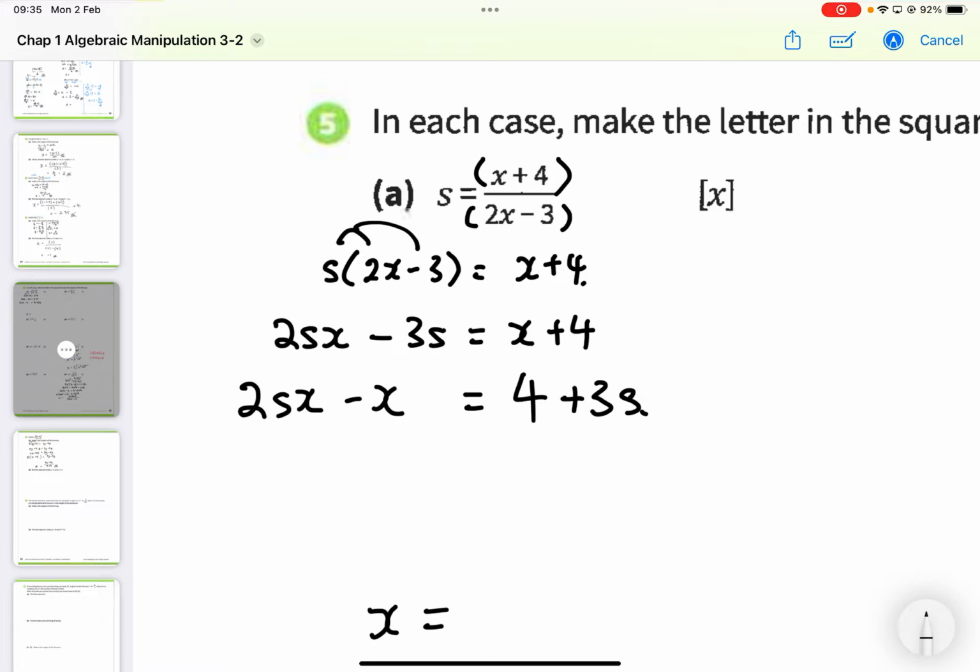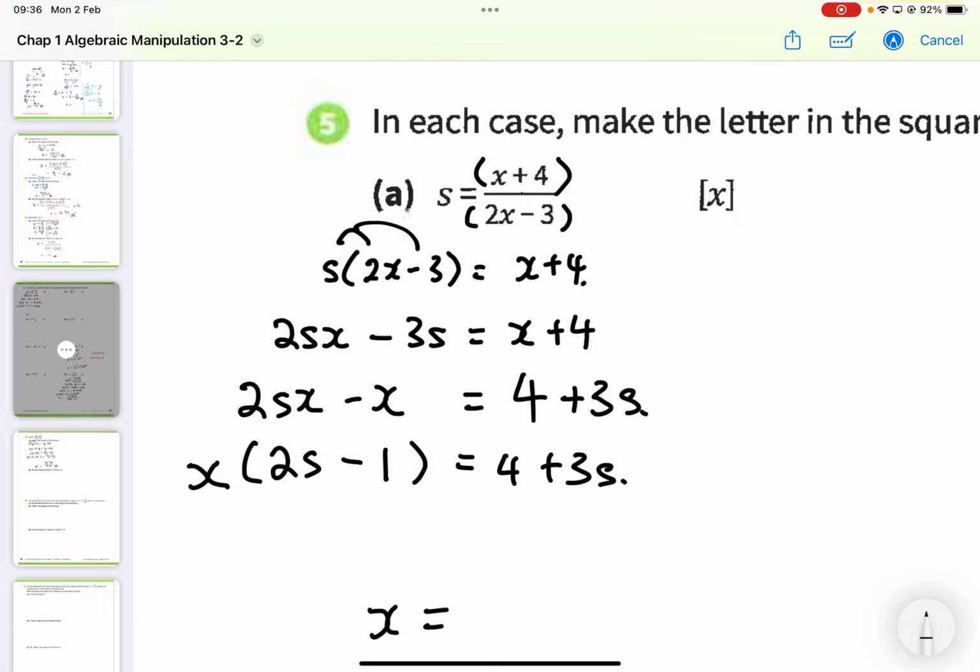Then first term got x, second term got x. I cannot minus to remove it. I need to factorize it. Both multiply by x, so I can factorize x. Then finally, left hand side is x multiplying this entire bracket.